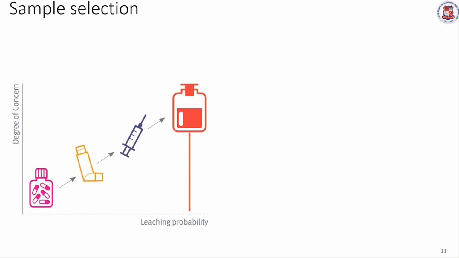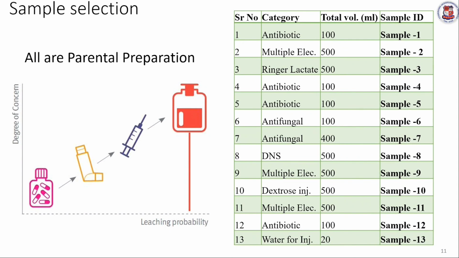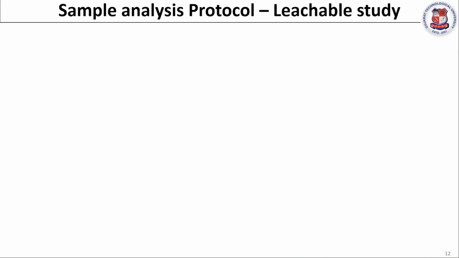Many of our products are parenteral preparations because the leaching probability is higher in such pharmaceutical preparations. So all the selected preparations are parenteral preparations, and the sample IDs are given as sample 1 to 13.